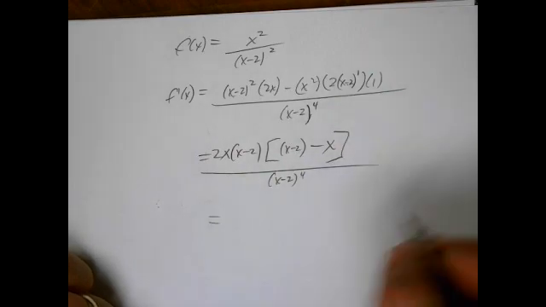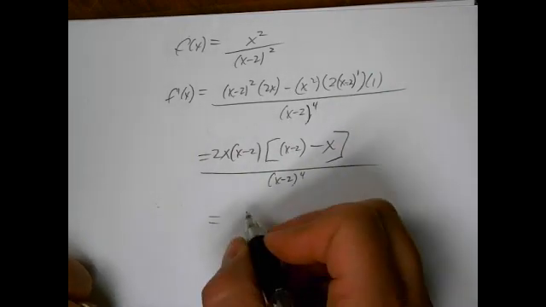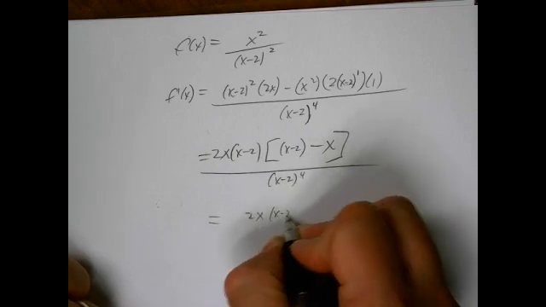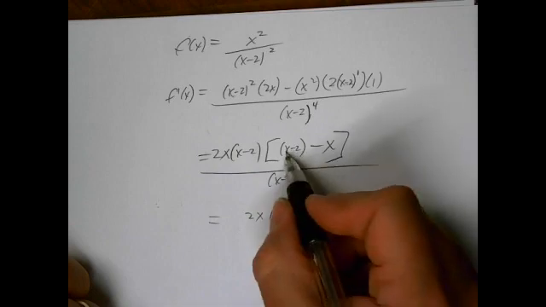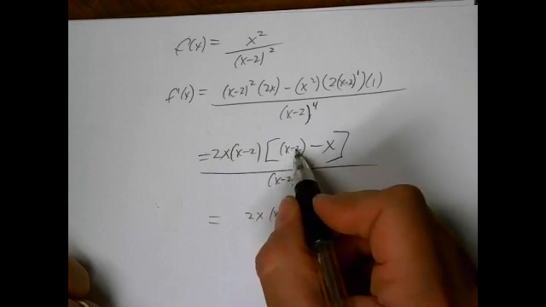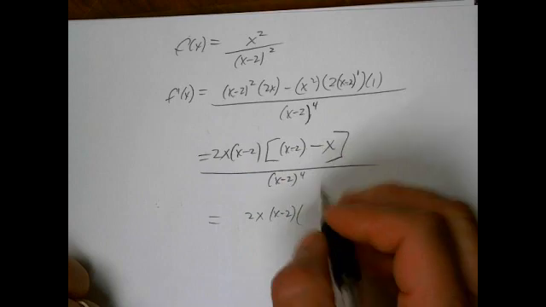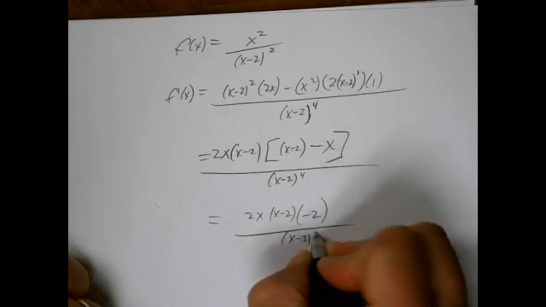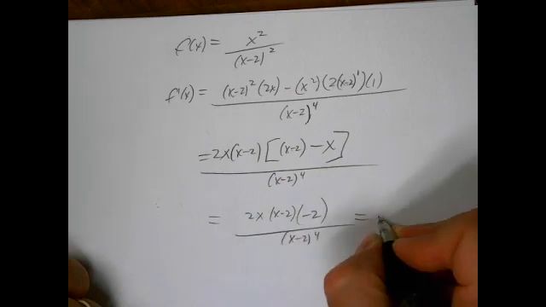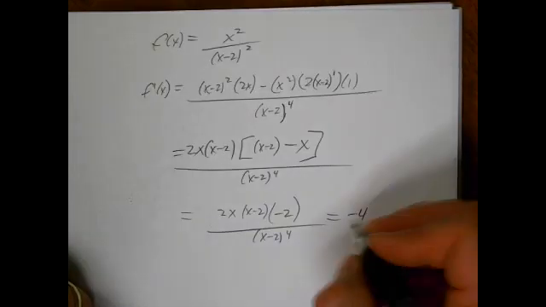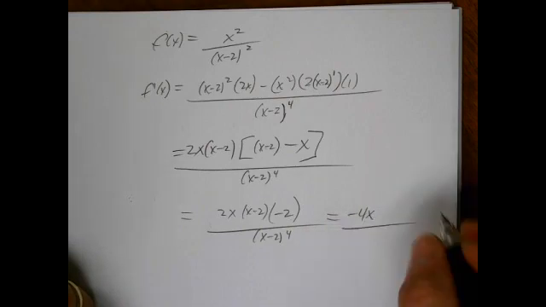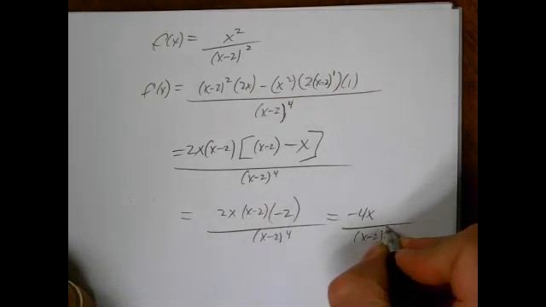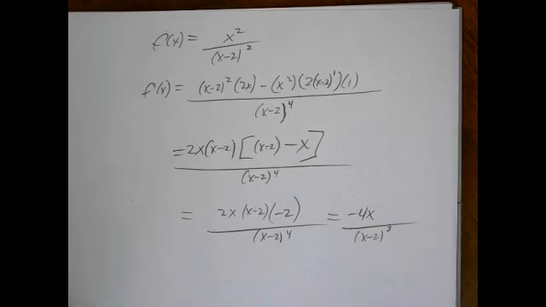So with a little bit more cleanup, we have the 2 on top, we have the x on top, the x minus 2 on top, and a 2 minus, an x minus 2 minus x is just a negative 2. And multiplying, still have the x, and one of the x minus 2's will cancel, and that power will drop to a 3rd power.